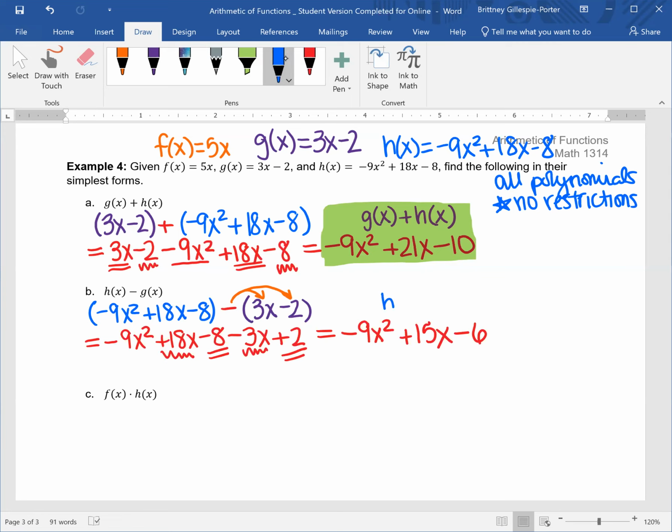And we just found h of x minus g of x. Again, we didn't have any radicals. We didn't have any denominators that we had to worry about. So if I were asked to find the domain of this, it would again be negative infinity, positive infinity, because no restrictions going in, no restrictions coming out.